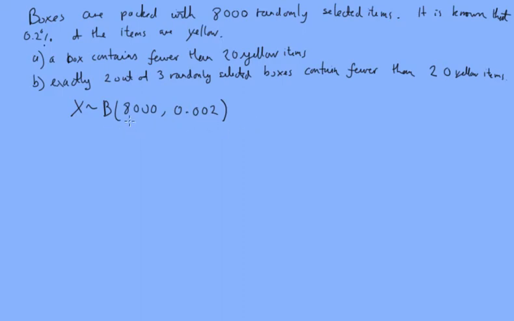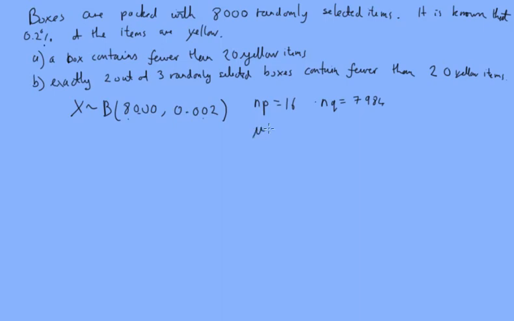So if we were going to change this to a normal distribution, our np would be 16, and our nq would be 7,986. So definitely, they're both greater than 5, we can use the normal distribution.